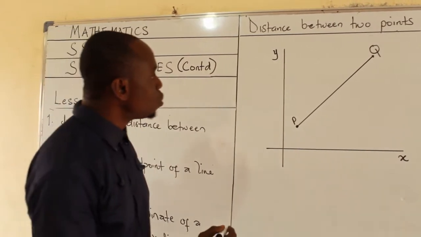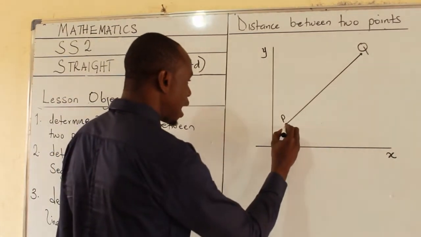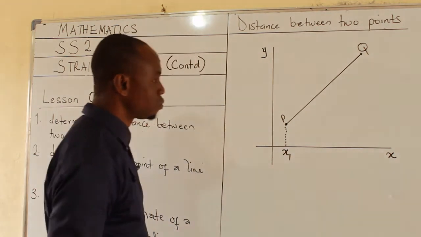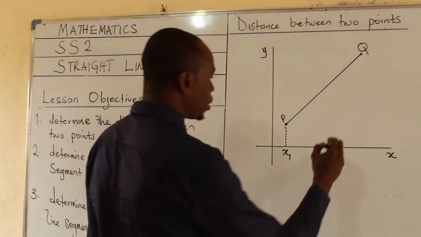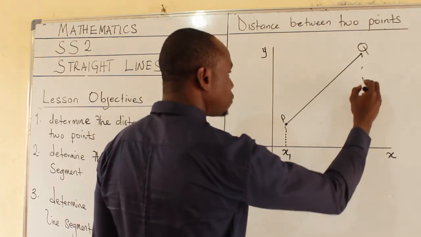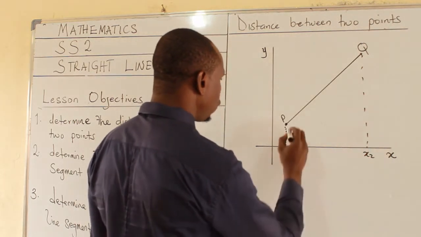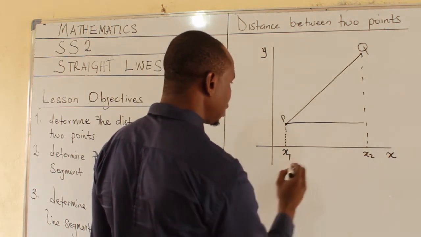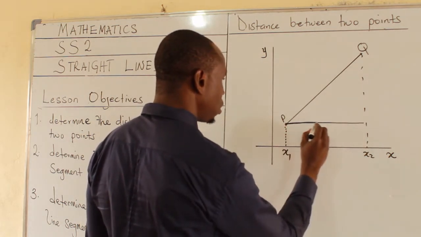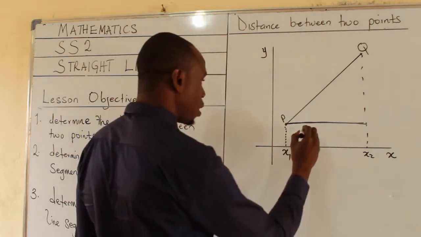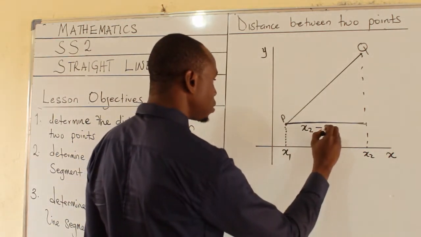So if you notice, P will have coordinates x1, and Q will also have coordinates x2. So from this point, we can see that the distance between these points on the horizontal axis is x2 minus x1.